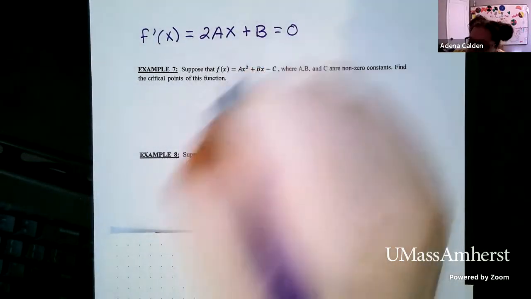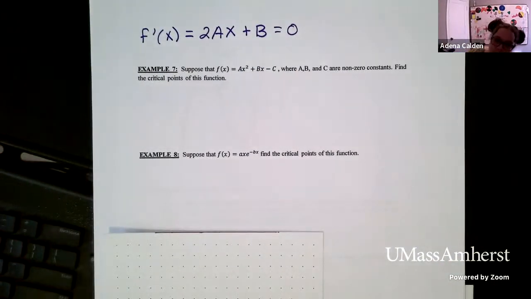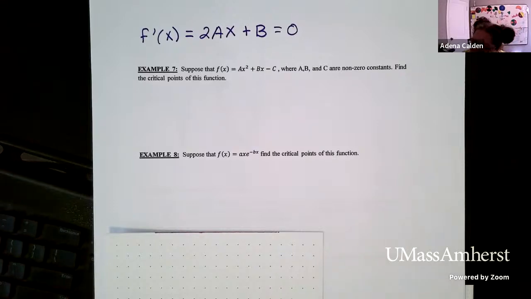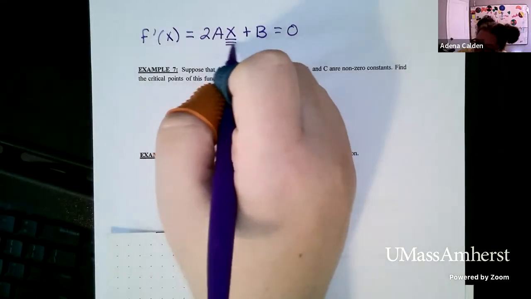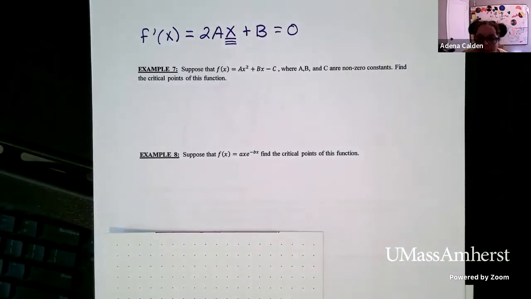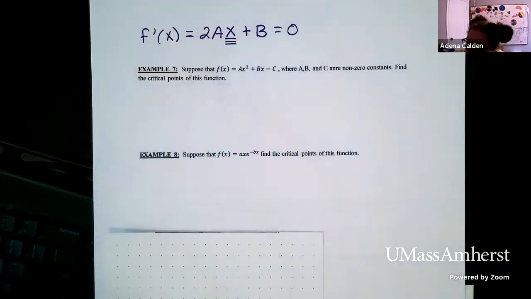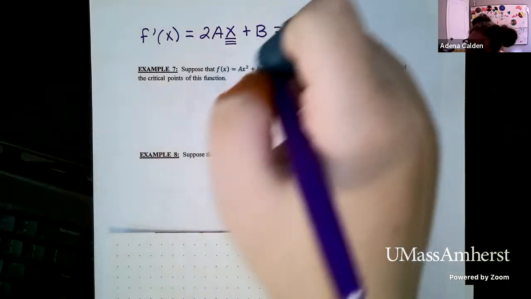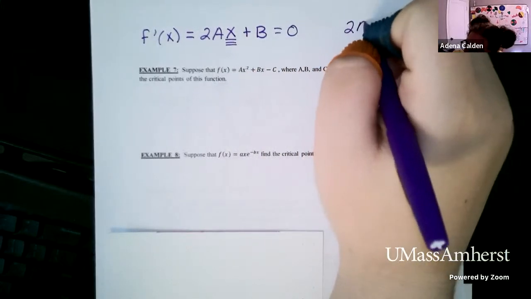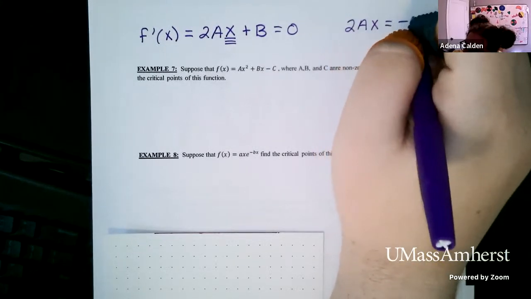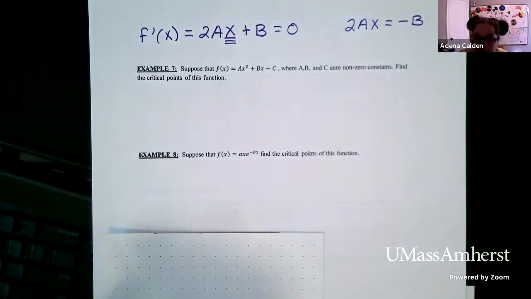So for critical points, we want to know when does that equal 0? So again, we are trying to solve for x. That's our goal here. So let's go ahead and move the b over to the other side. We'll subtract b over, and we'll have 2ax equals minus b.